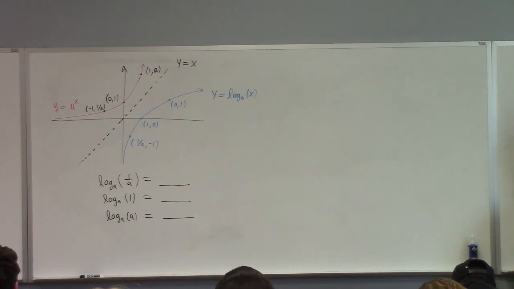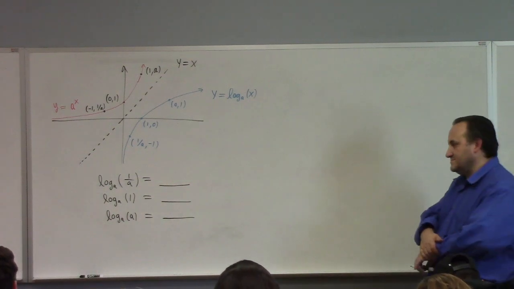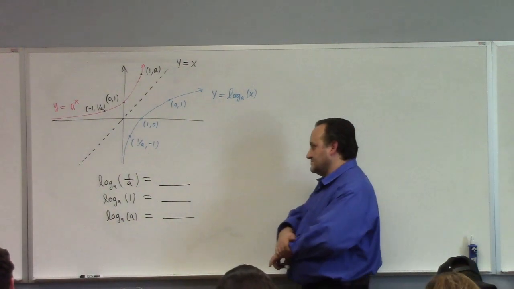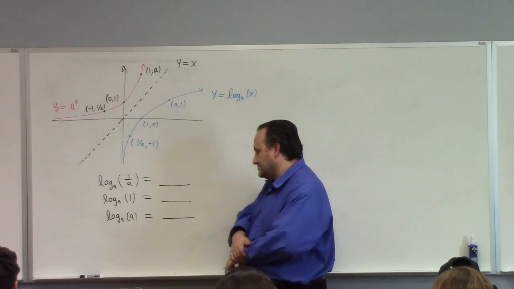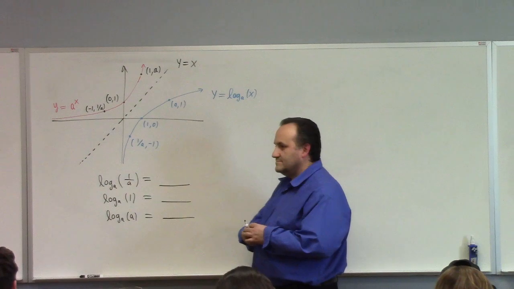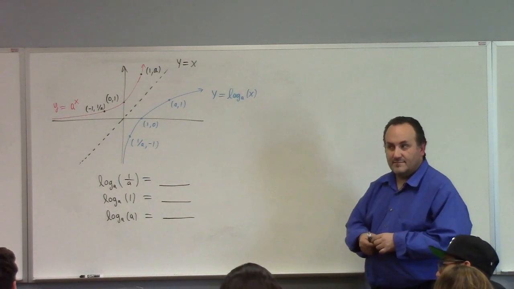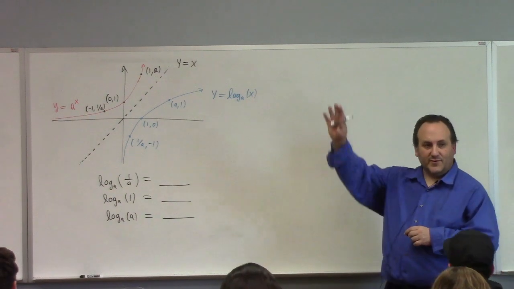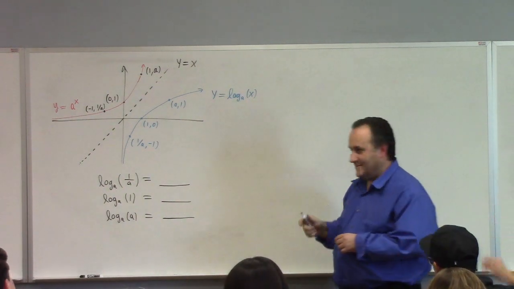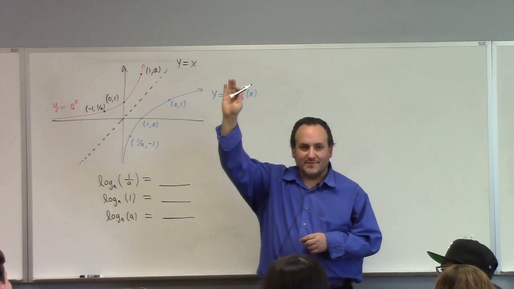Got it. Okay, so what's log base a of 1 over a equal to? Negative 1. Who votes for negative 1? All right. Who refuses to vote? Because votes don't mean anything. Okay, no, sorry.